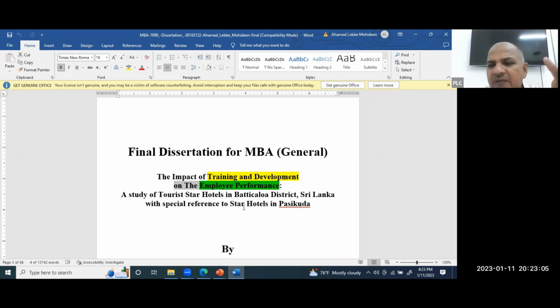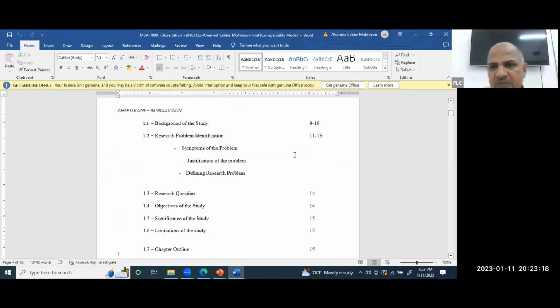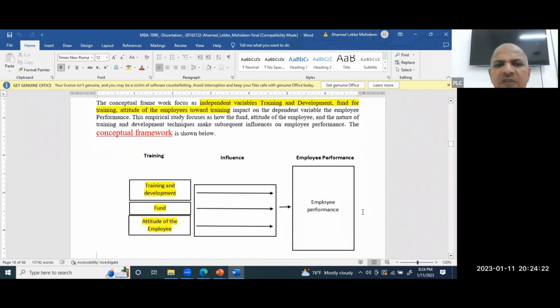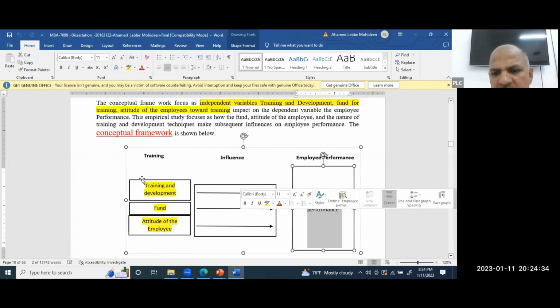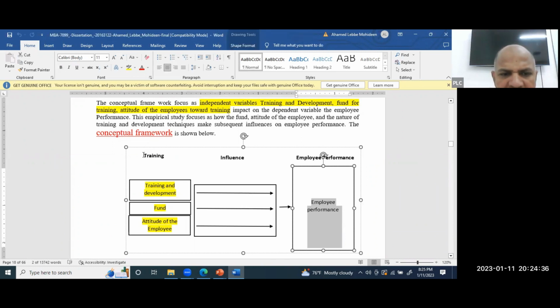So basically, we call these variables. There are two variables we have. One is the independent variable. The other one is the dependent variable. This is what we call the conceptual framework. Look at this: employee performance, depending on the training.